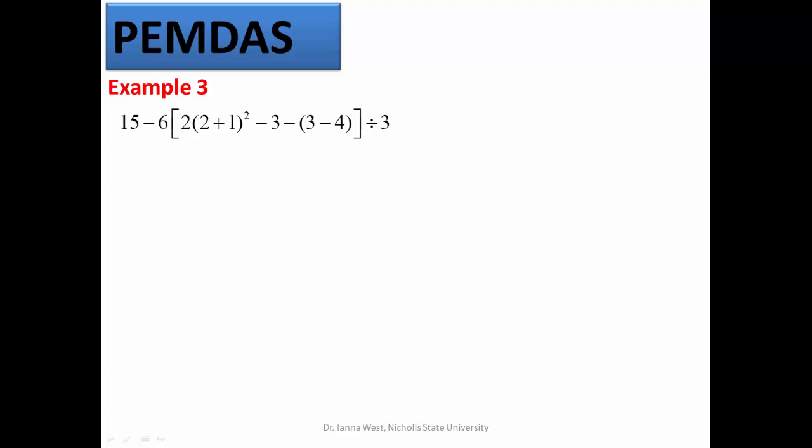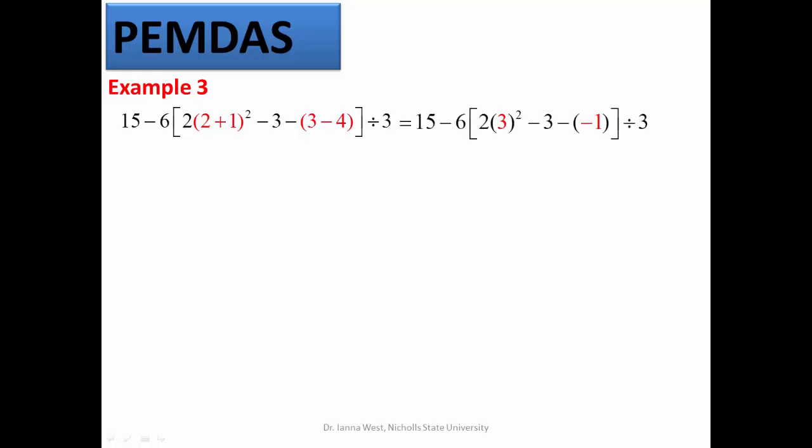Therefore, we will first evaluate the expressions inside of the parentheses. So we will find 2 plus 1 and 3 minus 4 before we evaluate anything else. 2 plus 1 is 3, and 3 minus 4 is negative 1. Notice also inside of the braces, we have an exponential.